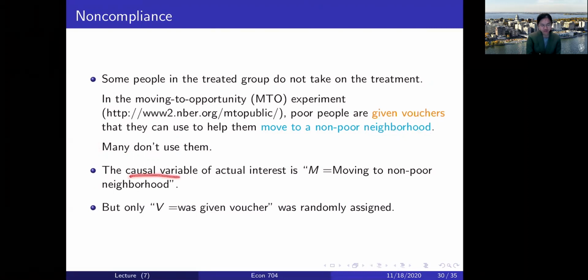So the causal variable of interest is moving to a non-poor neighborhood, but this causal variable cannot be randomized. We want them to move by giving them vouchers, but they don't. They do not comply. So only the voucher can be randomized, but the voucher is not really the causal variable that we are interested in ultimately.